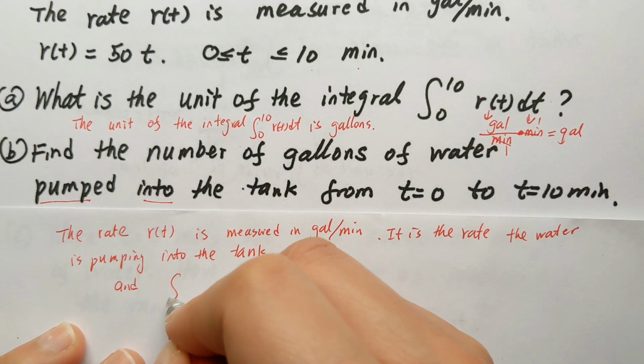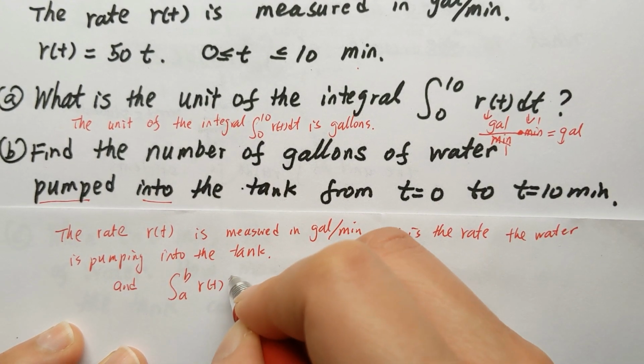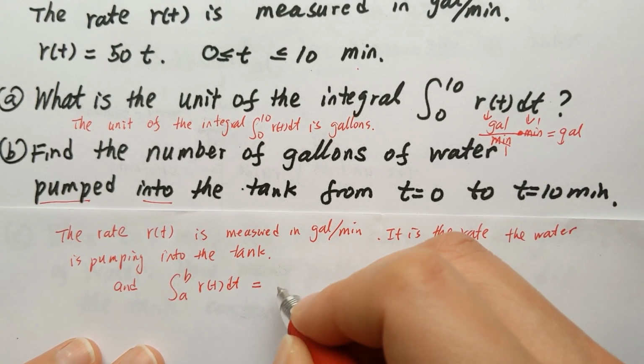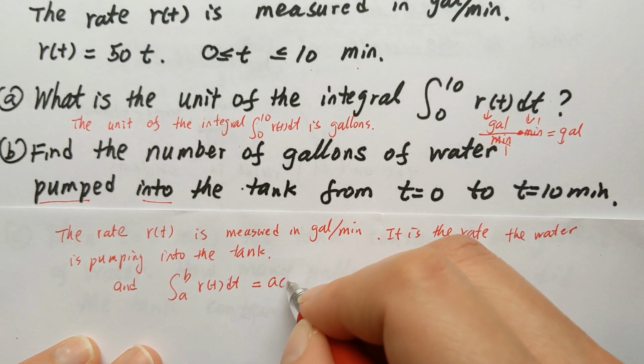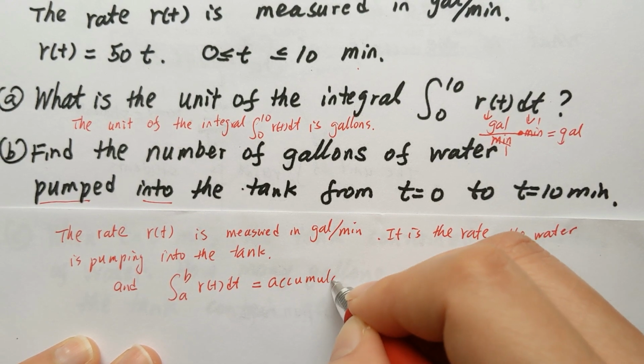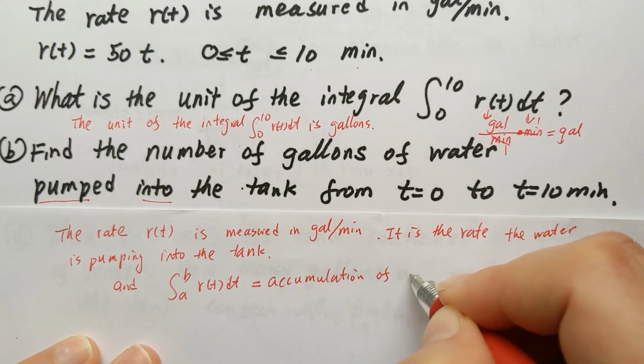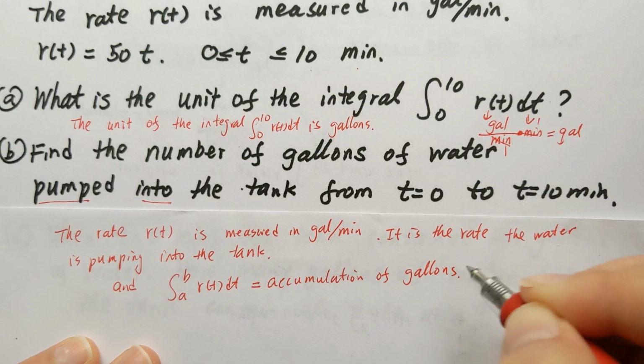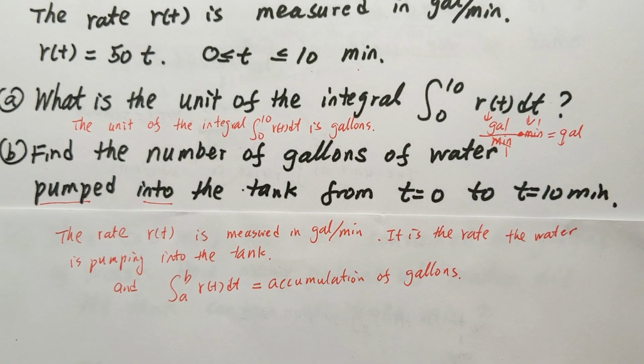And we know that the integral from a to b of R(t) dt will give gallons, the accumulation of gallons. So we put all this together.